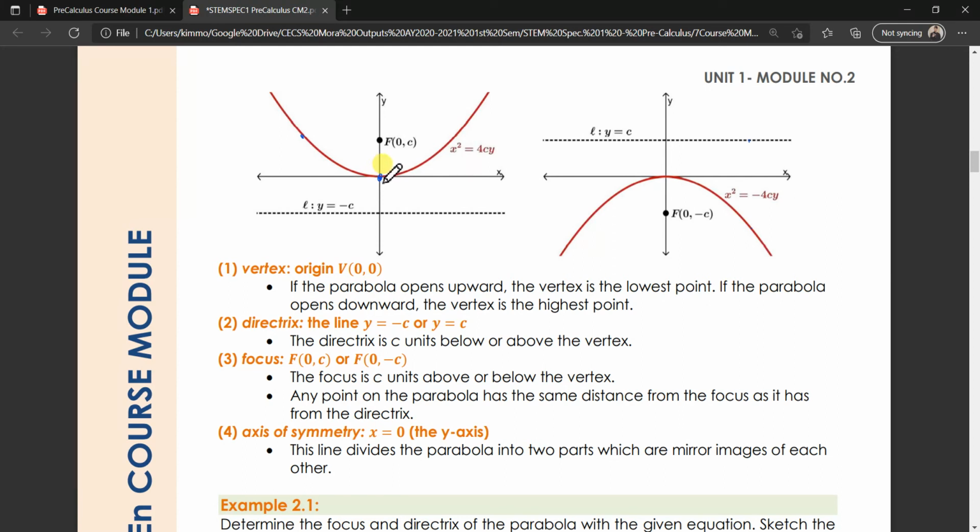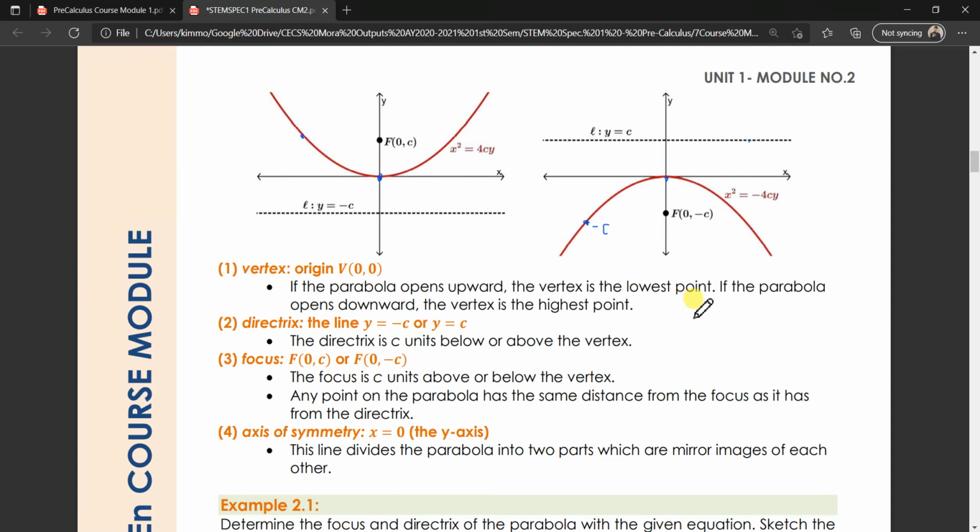Remember, vertex mao na siya ang middle nga point sa atong parabola. And if the parabola naman is opening downward, so kung paubos na ang pag-open sa atong parabola, then the vertex is the highest point naman because kani 0, so kung naa diri nga point, this is negative, di ba? Negative c nga point. So negative c is less than our 0 nga point. So again, if ang atong parabola kay opening upward, our vertex is the lowest point, and if it is opening downward, the vertex is the highest point.